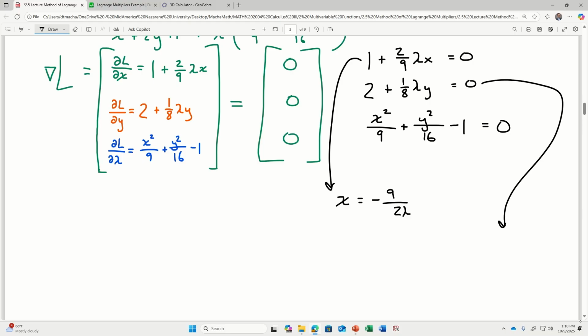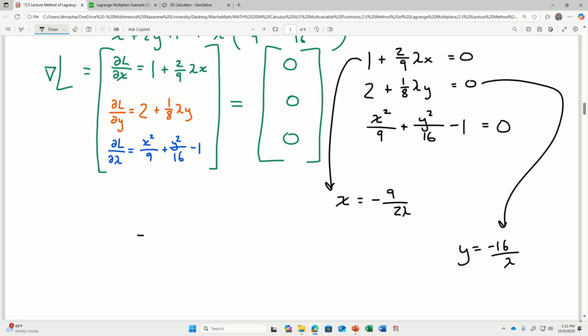And then I could take the second equation and solve for y. Subtract 2 from both sides, multiply both sides by 8, divide both sides by lambda. And then I could substitute these definitions for x and y into the third equation.